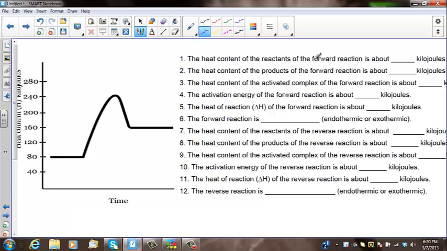So the heat content of the reactants of the forward reaction. When they say heat content, they're referring to potential energy. So the potential energy of the reactants, from here to here, is going to be 80 kilojoules. The heat content of the products of the forward reaction is about what?